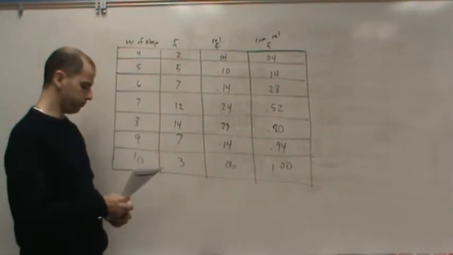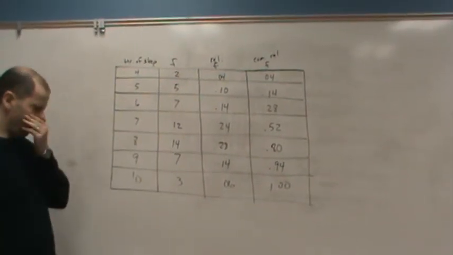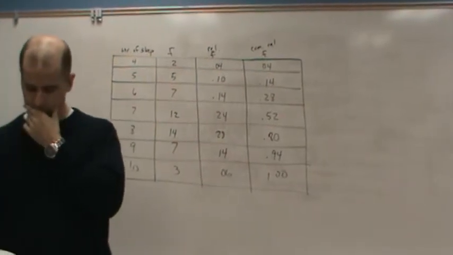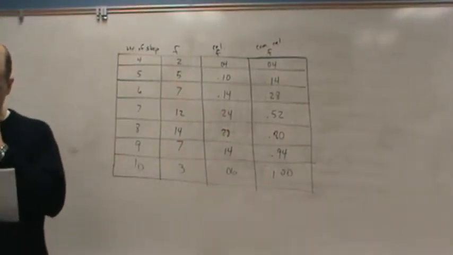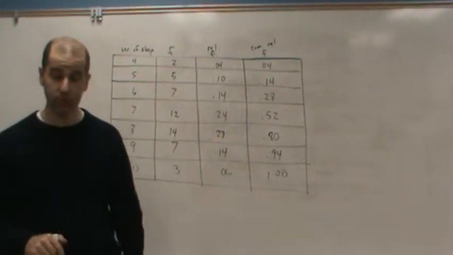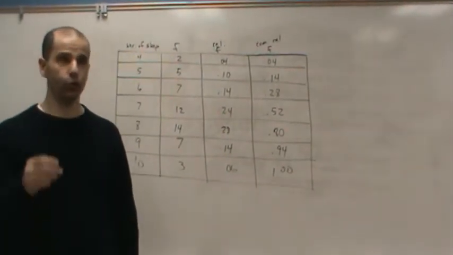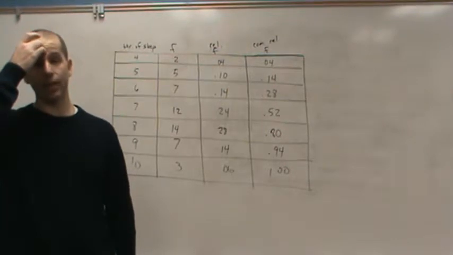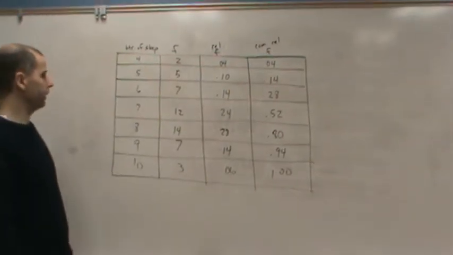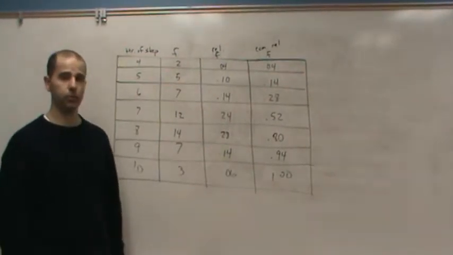Okay, so what if I wanted to know the 50% mark, or the 50th percentile, right? So the value that represents the exact middle, the median, right? Remember, let's use the definition of percentile.